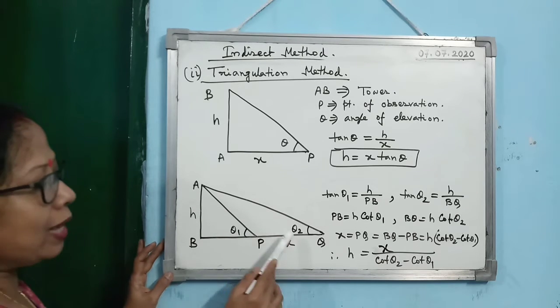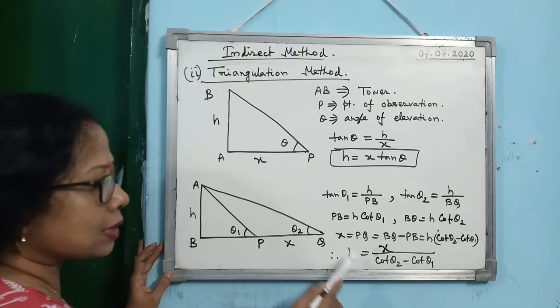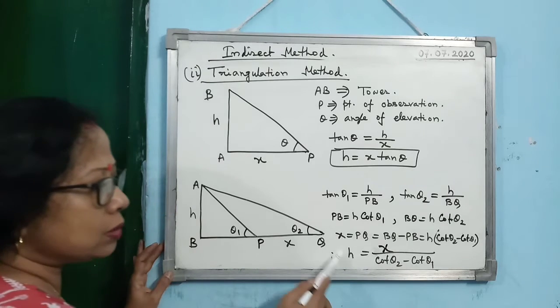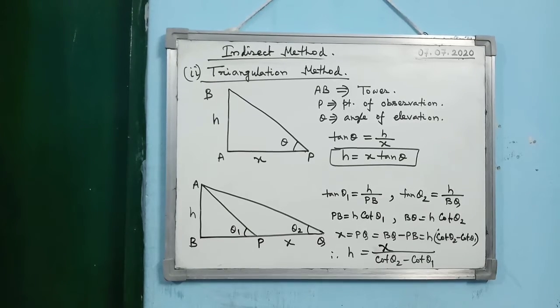If you know experimentally the values of theta 1, theta 2 and x, then by putting the known values in this formula you can find the height of the tower. This second formula, h equals x by cot theta 2 minus cot theta 1, is used when the tower is not accessible directly.